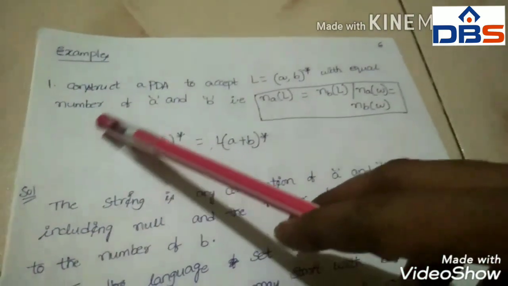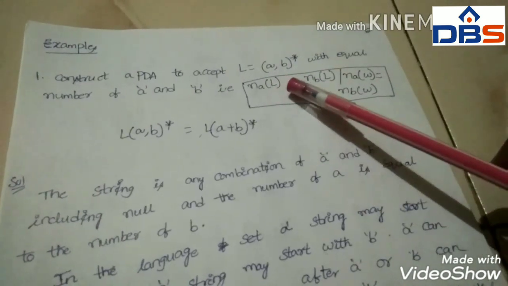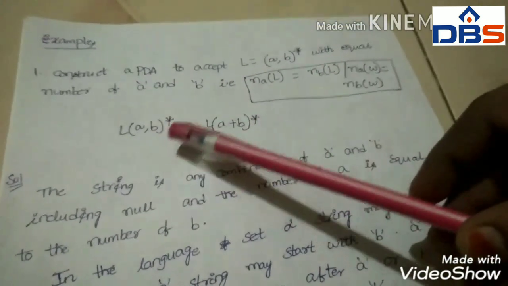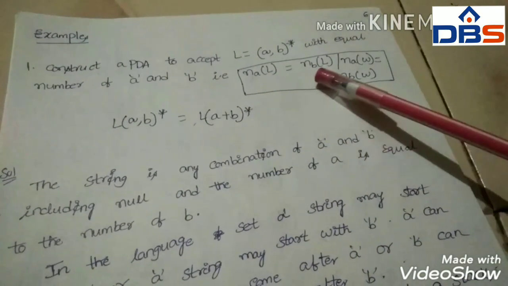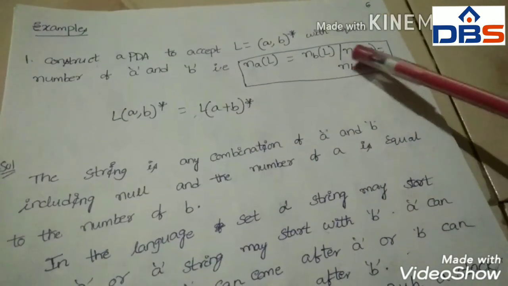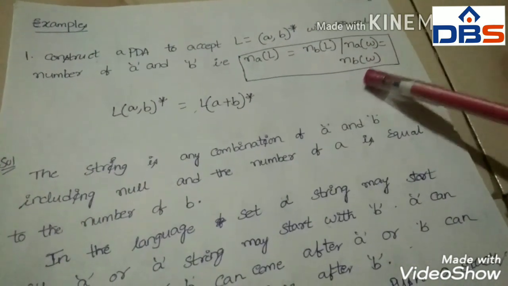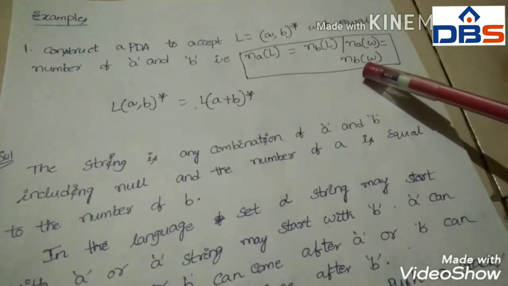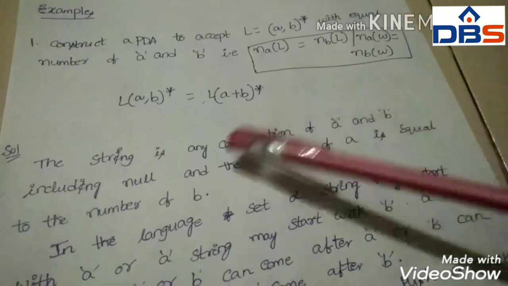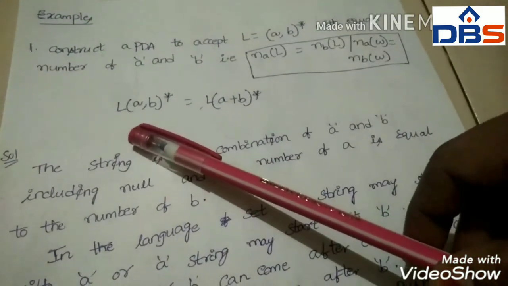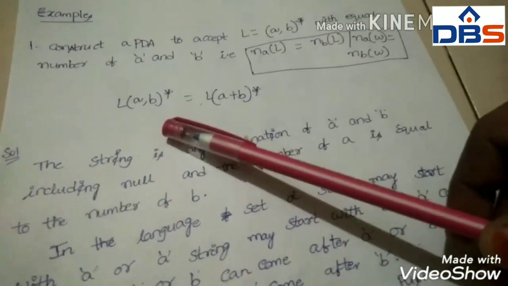First, the question is to construct a PDA to accept L equal to the set of strings over A comma B whole star with an equal number of A's and B's. The number of A's in the language is equal to the number of B's.